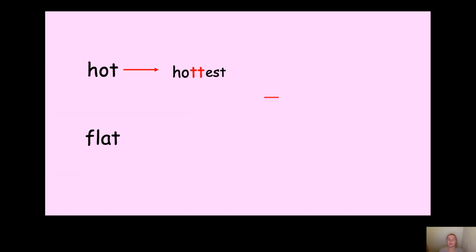So our word ends in a T, which is a consonant. And then before that, we have a single vowel. So therefore, we have to follow my rule again of doubling the consonant at the end. So there you go. Let's double the consonant. So we've got flat with two T's, and then we need to add the suffix est. Flattest.